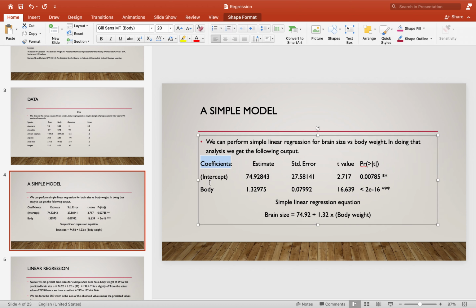So here's the coefficient, there's an intercept, there's a slope for body weight, and it says for every additional unit of body weight, brain size increases by 1.32 units, and the baseline is 74.93 of brain size. Okay, of course this intercept doesn't quite make sense because we don't know any species with 0 body weight.